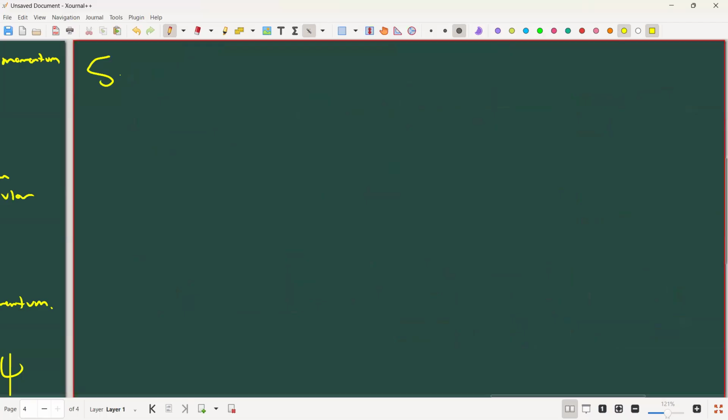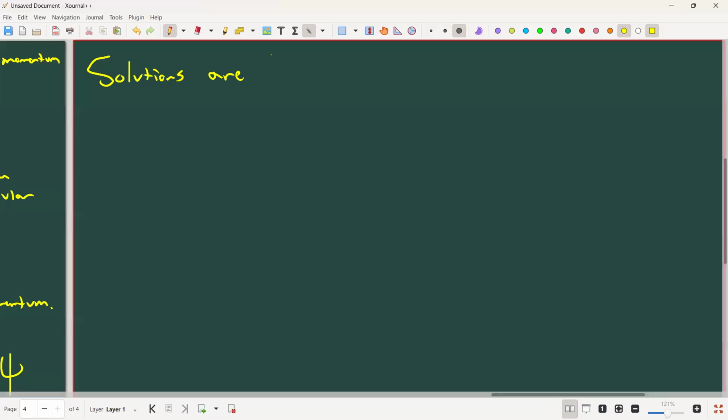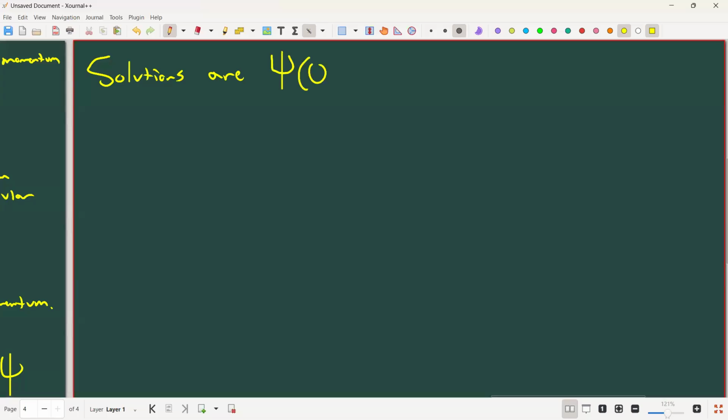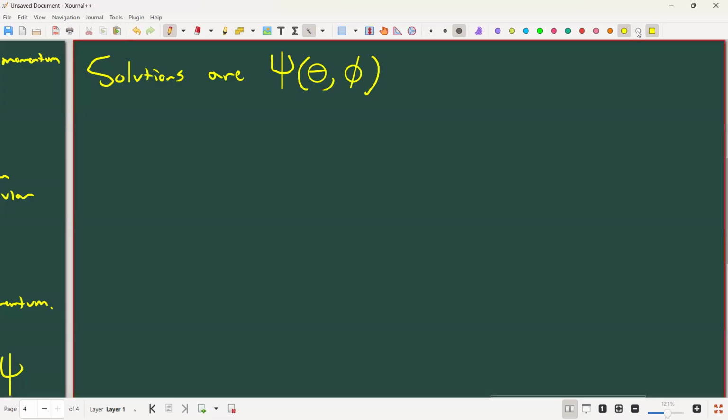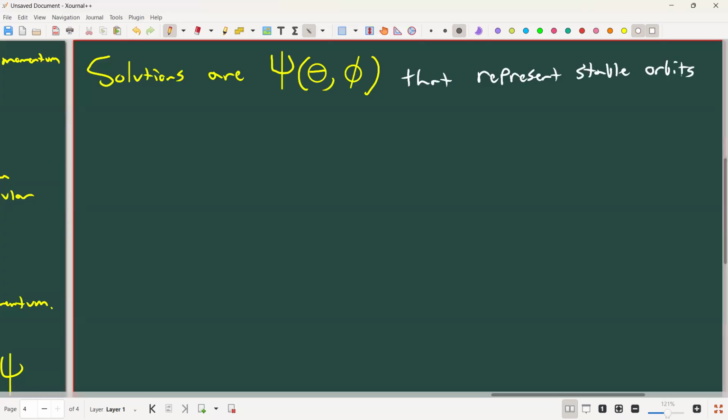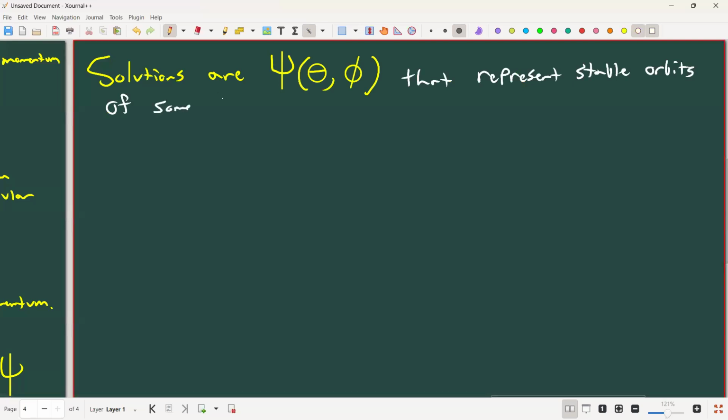So our solutions are wave functions psi, which are functions of theta and phi, that represent stable orbits of some fixed amount of angular momentum.